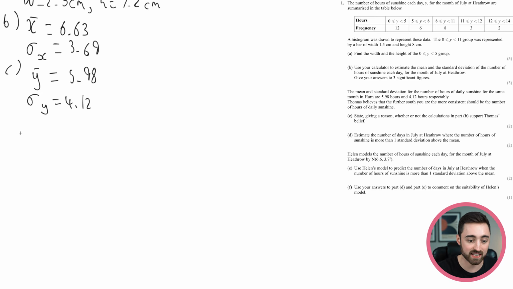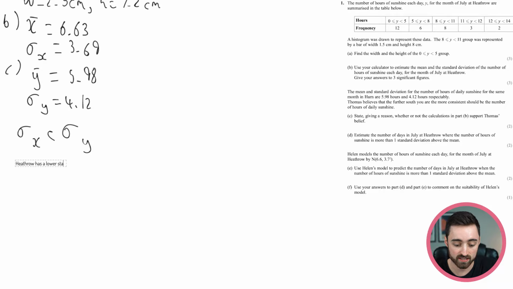So let's have a look at which one has a lower standard deviation here. We can clearly see that the standard deviation for Heathrow is less than the standard deviation for Herne, meaning that Heathrow must be more consistent, right? So Heathrow has a lower standard deviation, so it is more consistent. So that's kind of the maths they want.